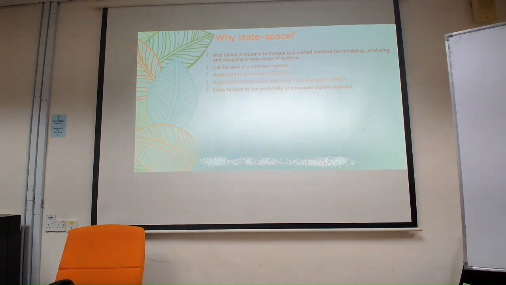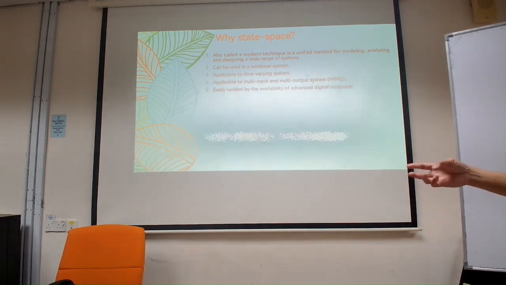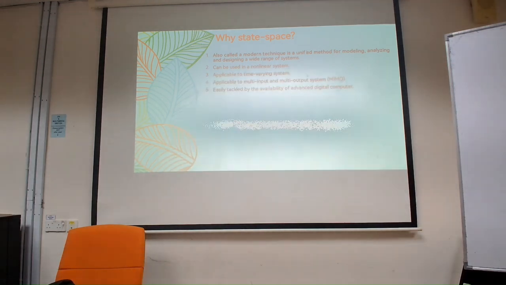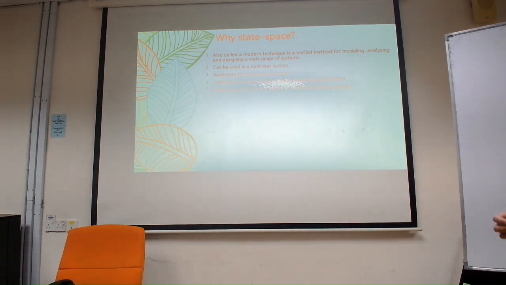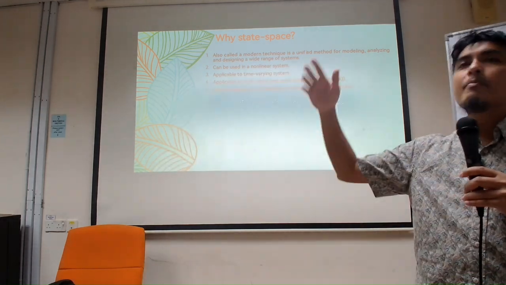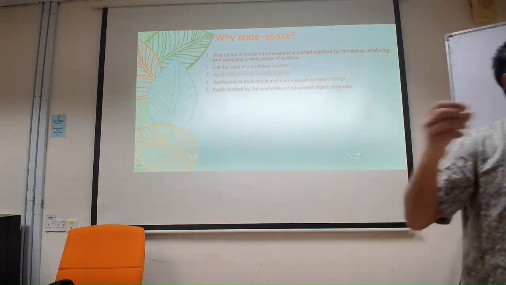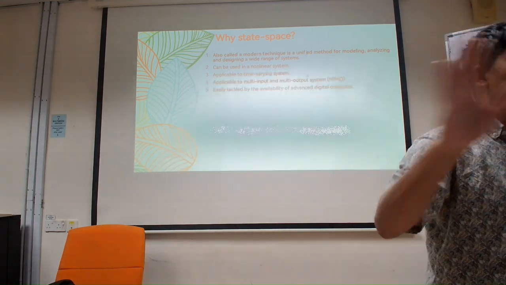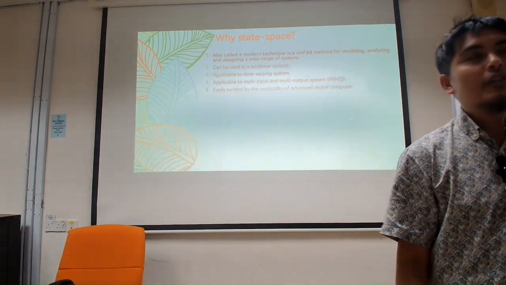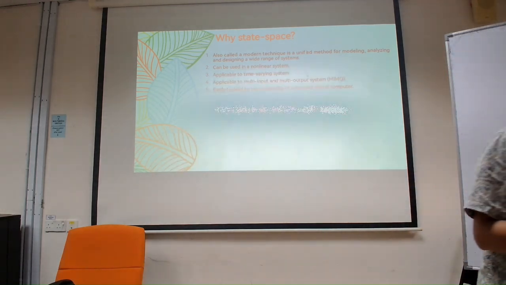How if you have 3 inputs and 3 outputs? In Laplace or transfer function form it is very complicated, very difficult to solve. However, if your system is in state space, although you have 4 inputs and 6 outputs, the form of the equation is very simple. That's why you learn state space. That's an advantage.